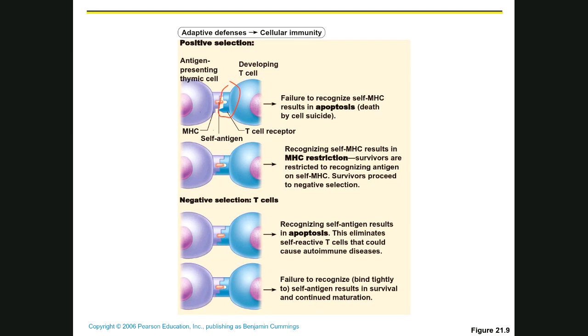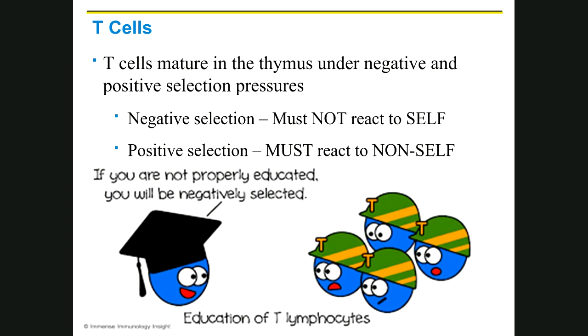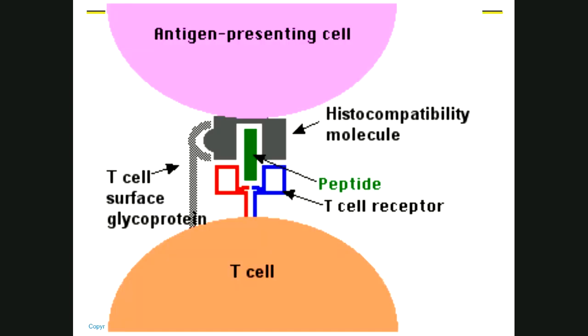So if you look at it, this is what the receptor looks like right here. And look, it's connecting to a cell with MHC. There's the MHC. And there's the antigen. They're going to hook up like this. So when you look at it, it looks like this.